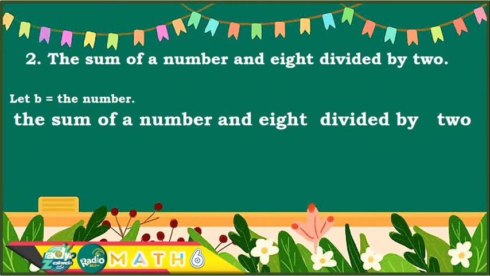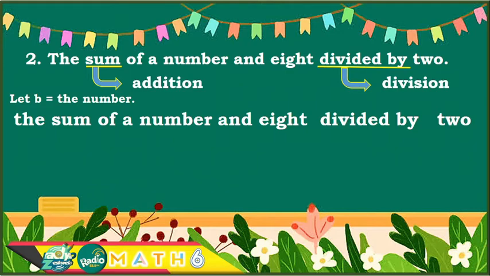Translate to an algebraic expression: the sum of a number and 8 divided by 2. Study the phrase. It begins with the keywords the sum and ends with the words divided by, which signify the mathematical operations addition and division. So, to translate the sum of a number and 8 divided by 2, we let B represent the number.